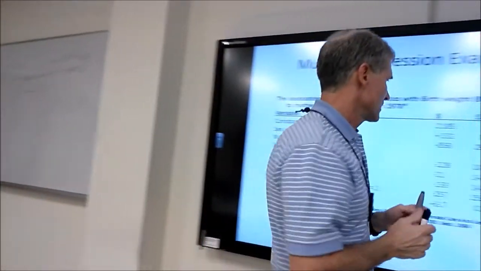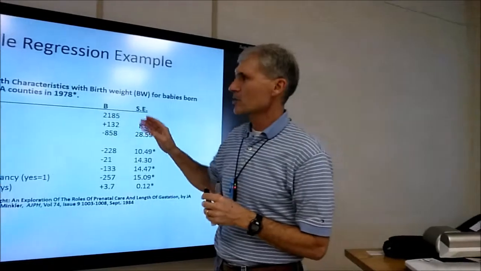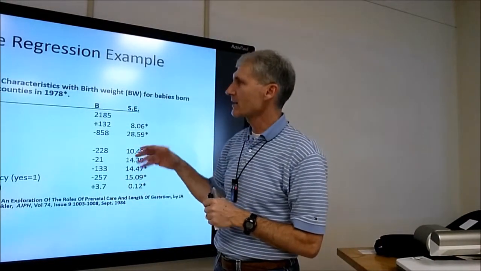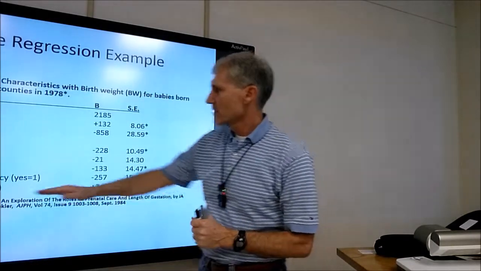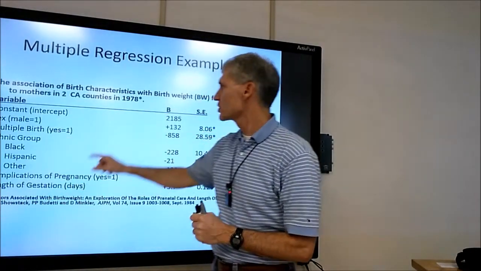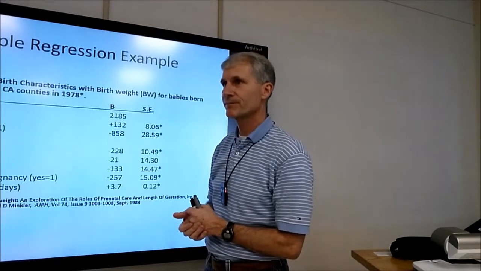Now let's think about it. If I ask you to predict the birth weight of a child born in these two counties, and I tell you the values for these different things, you just plug them into the model and get a predicted birth weight.